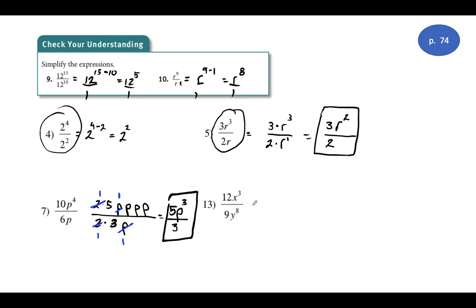Okay, same thing for this one. So 12 is 2 times 2 times 3. X cubed is x times x times x. 9 is 3 times 3. And y to the 8th power, 1, 2, 3, 4, 5, 6, 7, 8. Let me tell you right now, if you draw your y's like that, you need to stop it right now, because that looks a lot like an incomplete x.